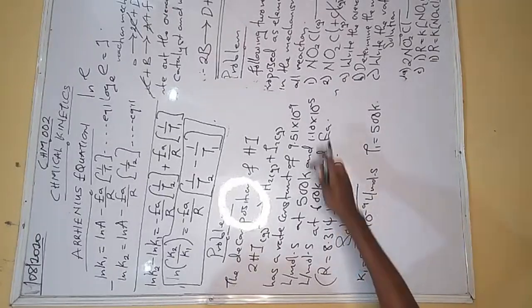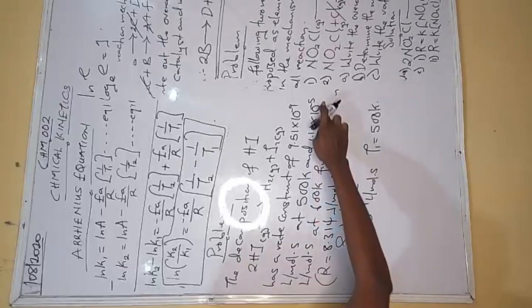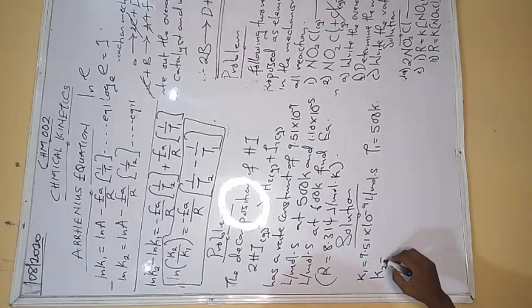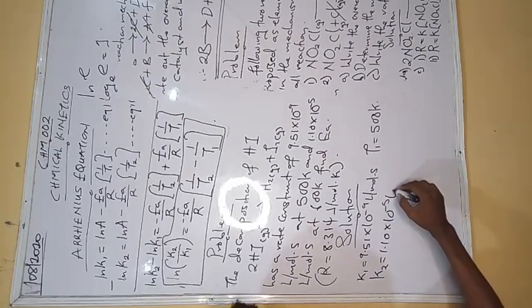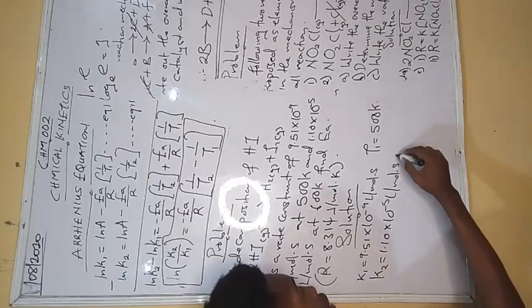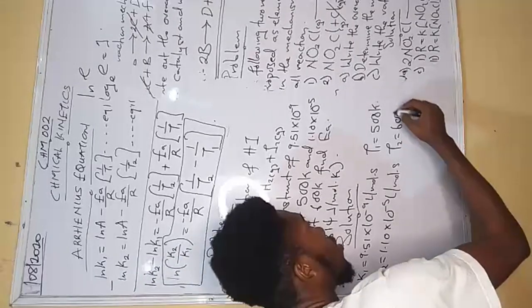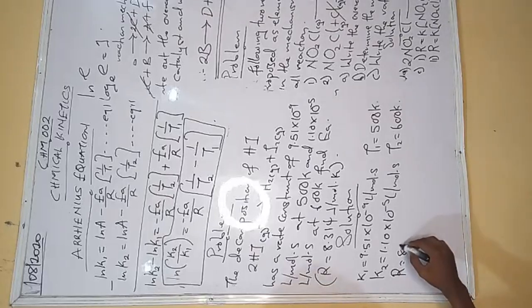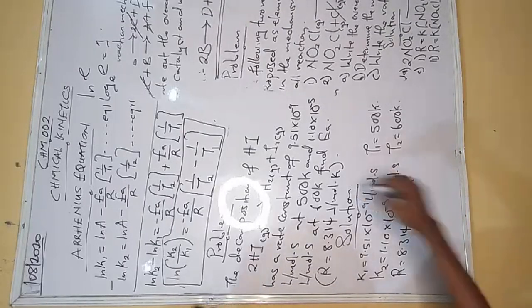Now, when our rate constant changed, K2 became 1.10 times 10 to the power minus 5 liters per mole per second, our T2 now became what? 600 Kelvin. I've been given our R already as 8.314 joules per mole per Kelvin.